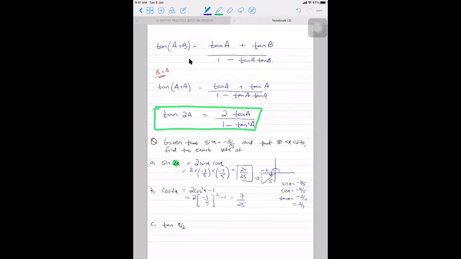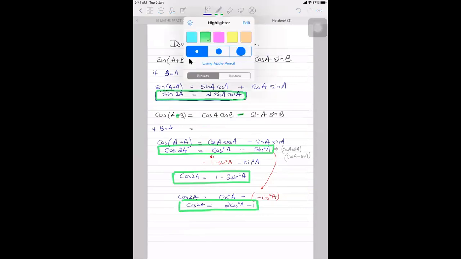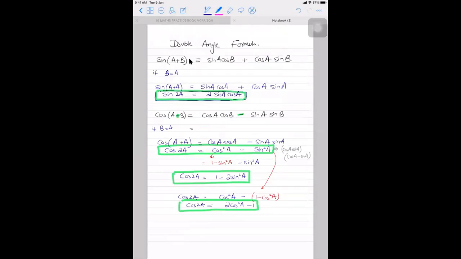Before we do this part, I wanted to make it clear that these are the double angle formulas, which means that the angle on the left is going to be double the angle on the right. If the angle on the left-hand side is twice, then the angle on the right side is half.